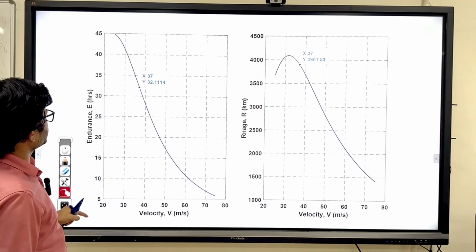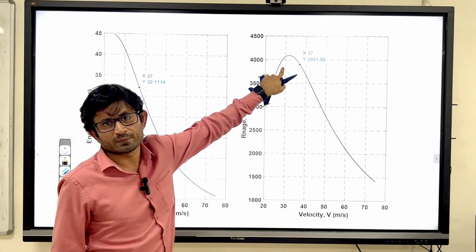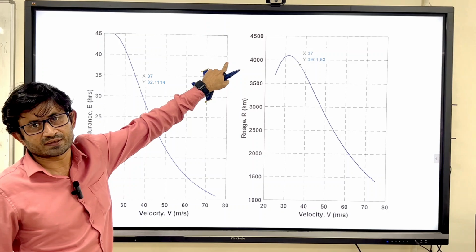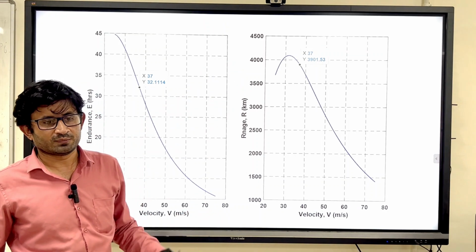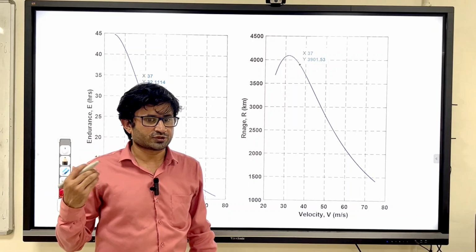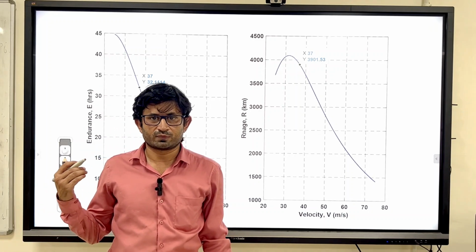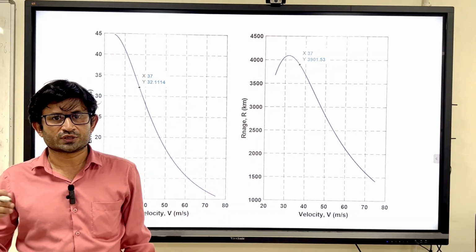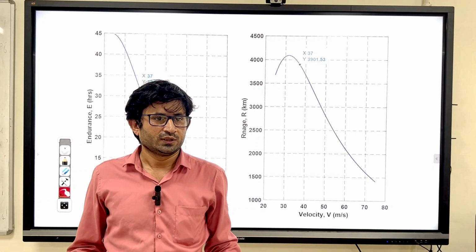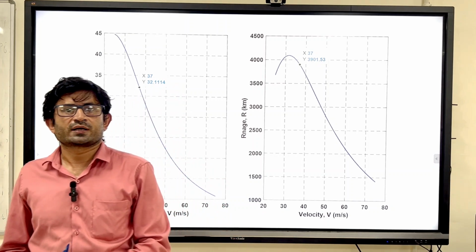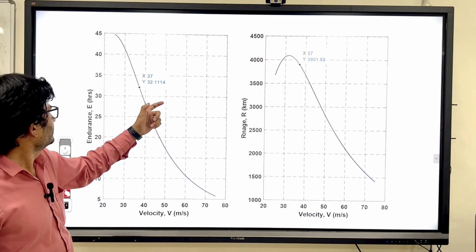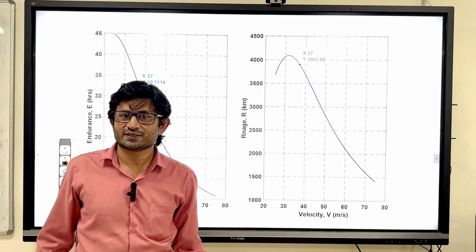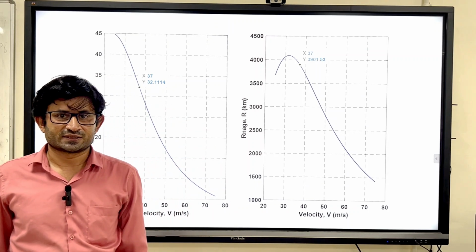Now you can see that I am able to get approximately 4,000 kilometer range. You can imagine taking off from Kanyakumari and going to Kashmir, which is roughly around 3,500. So your aircraft will continuously fly 32 hours, more than a day, if you are flying at 37 meters per second.